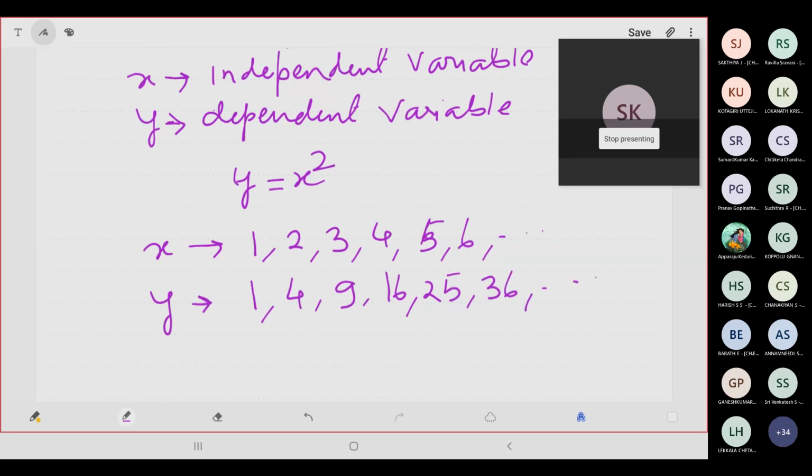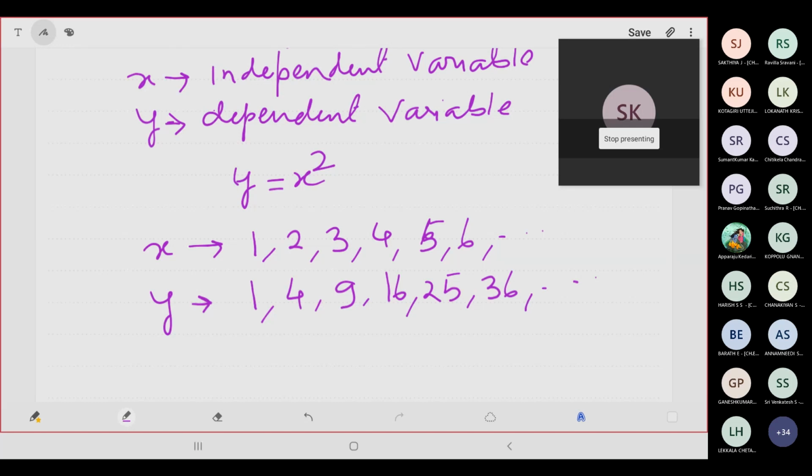So you can see that whenever you change the value of x, then automatically, according to the definition of function, the value of y changes. So the value of y is totally dependent on the value of x.